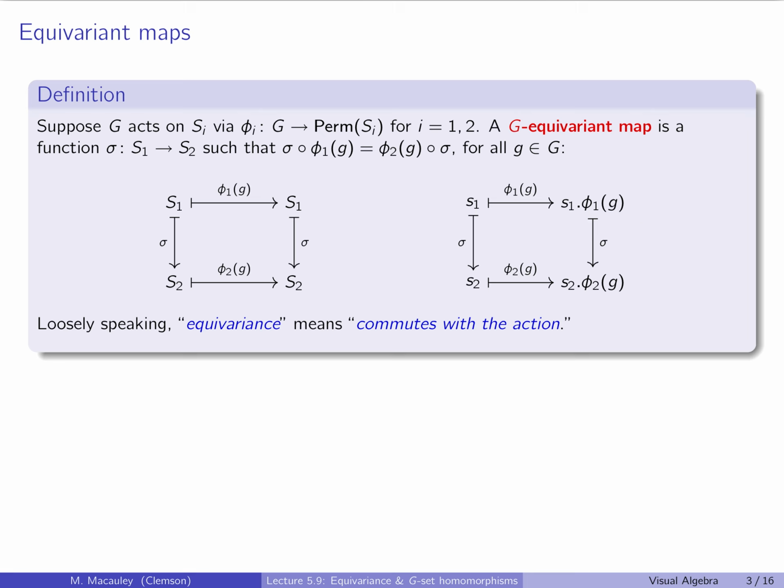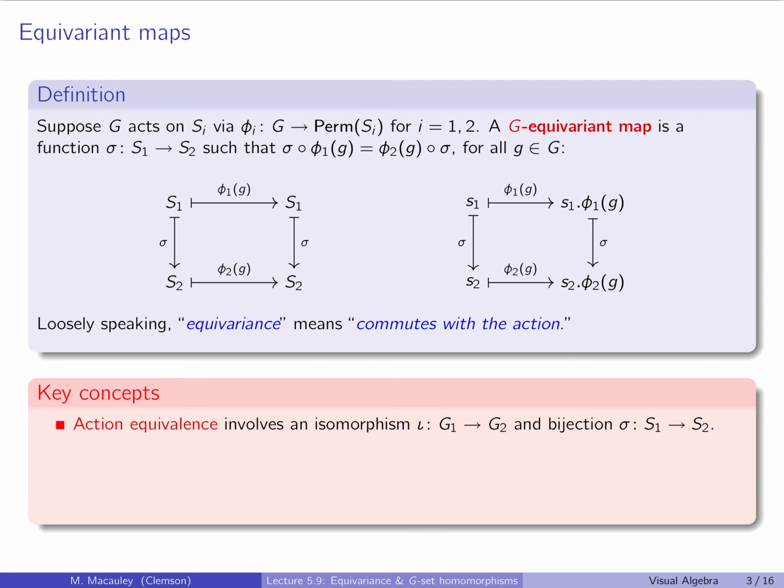Loosely speaking, equivariance means a map, sigma, that commutes with the action. Even though this is phi1 and this is phi2, they're different homomorphisms, I like to think of them as the same thing because we're using the same group switchboard. So press the g button, apply sigma is the same thing as applying sigma and pressing the g button.